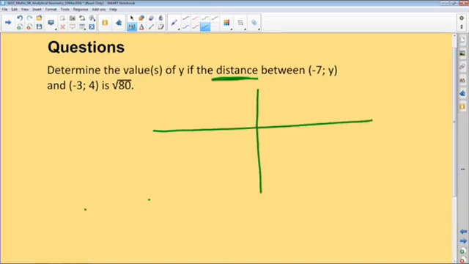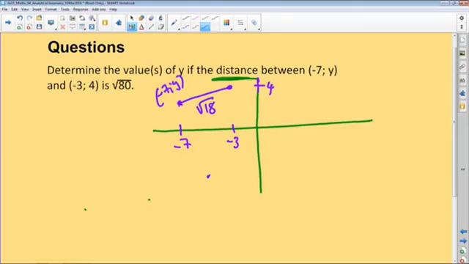So you've got minus 7, and there's minus 3, 4. So there's this point, minus 7 and y. But the distance is root 80.